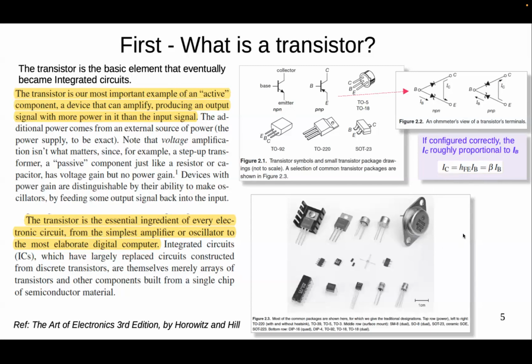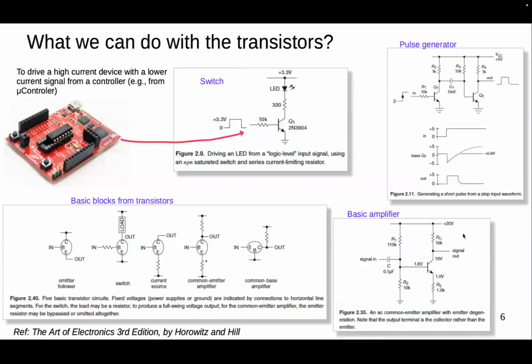Okay, so what can we do with a transistor? The most basic use of this device is as a switch. We can use it to drive a higher current with a lower current as input, for example from a microcontroller. This is a very common use.